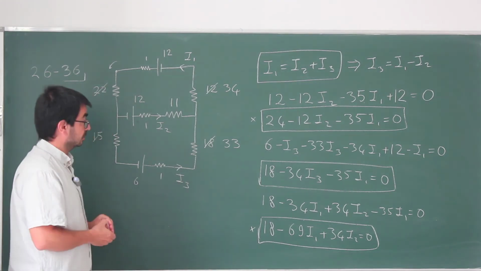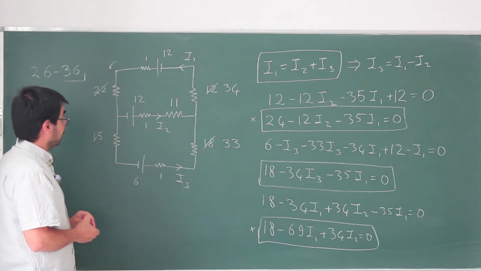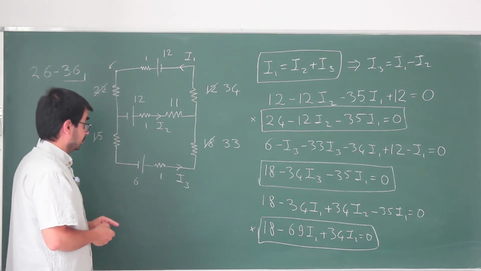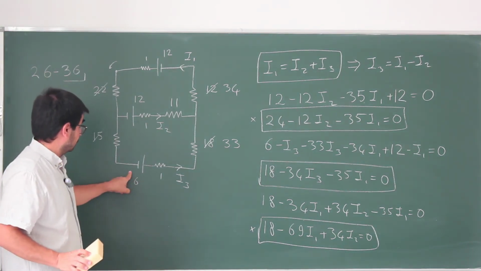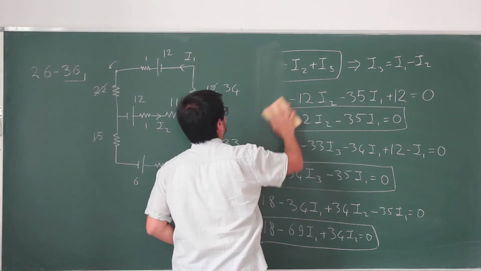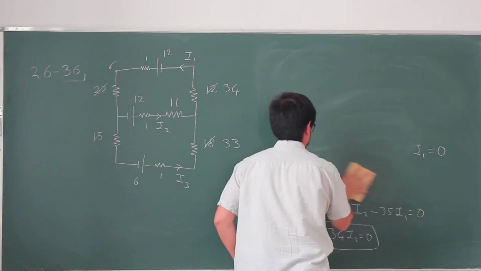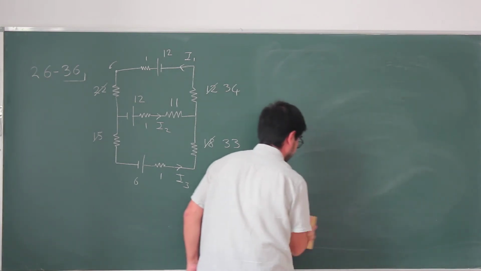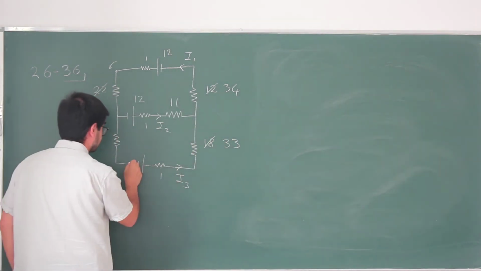Now, for part B, they are asking for the terminal voltage of the 6-volt battery. To calculate that, we first have to recall the definition of terminal voltage. Terminal voltage is the voltage that you read from the terminals of the battery, right? So that includes the internal resistance.